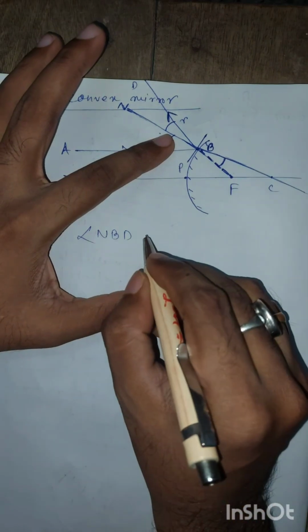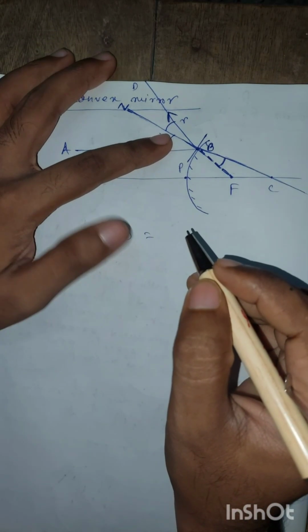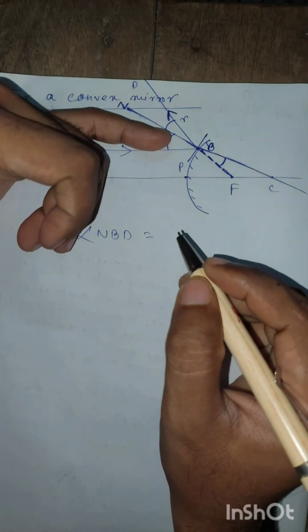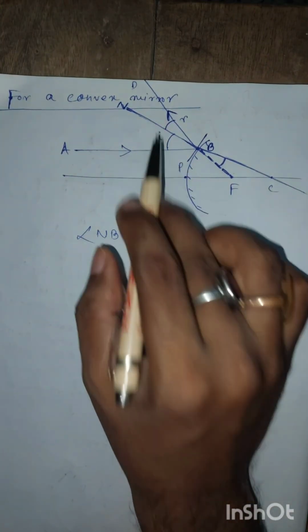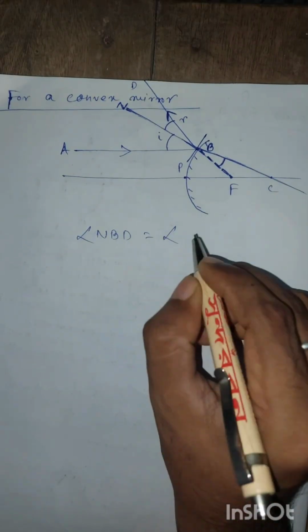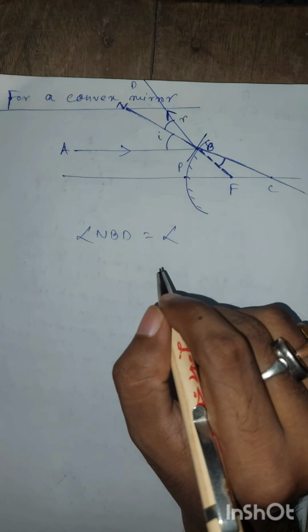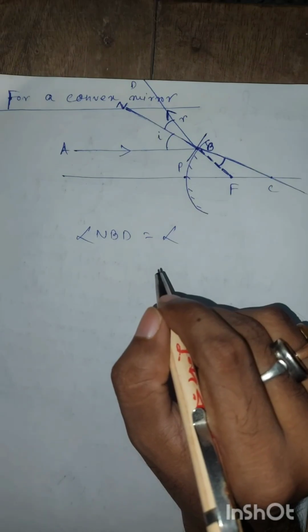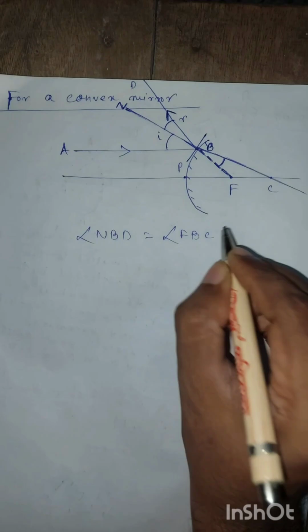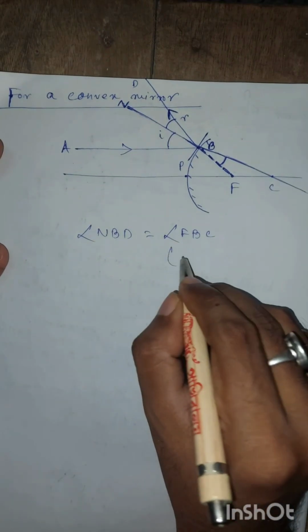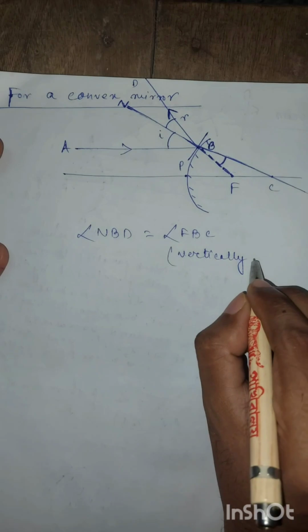So angle NBD is equal to angle FBC. They are vertically opposite angles.